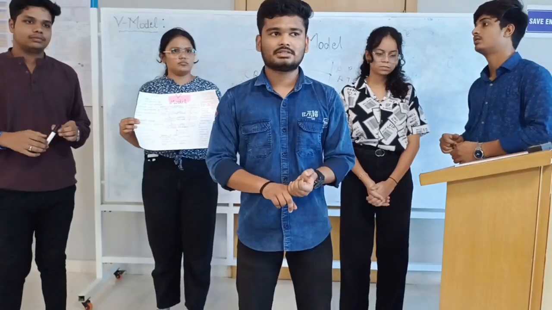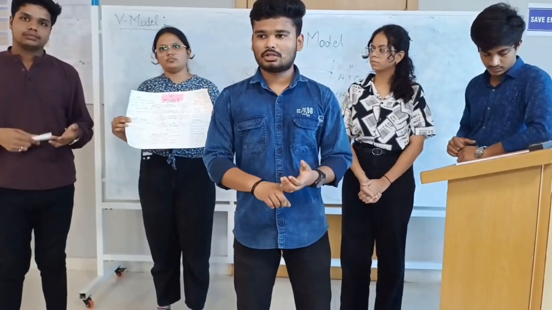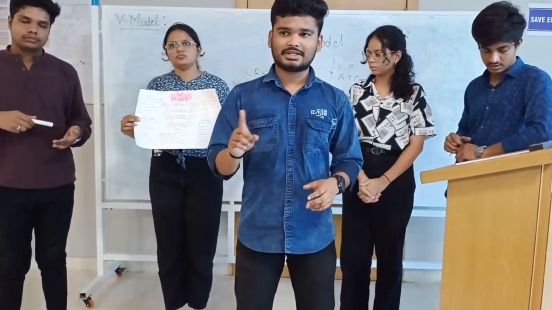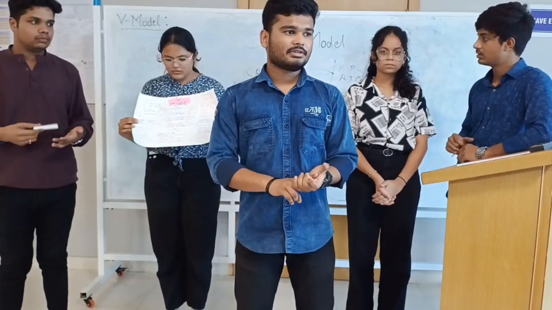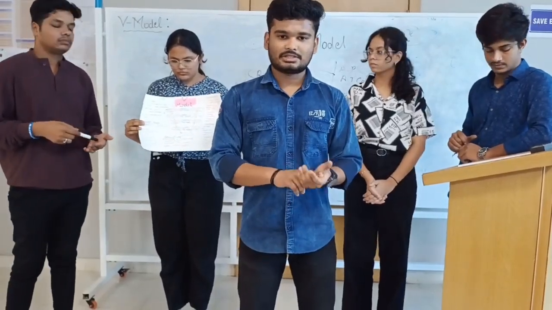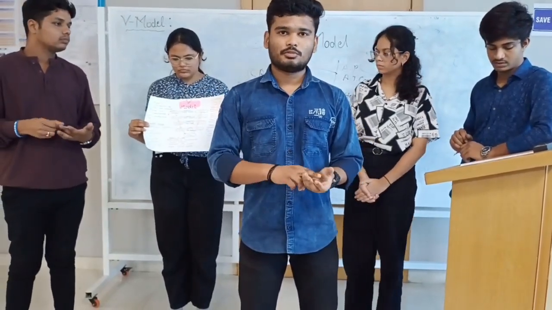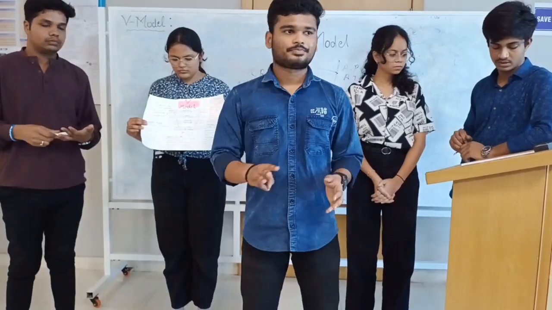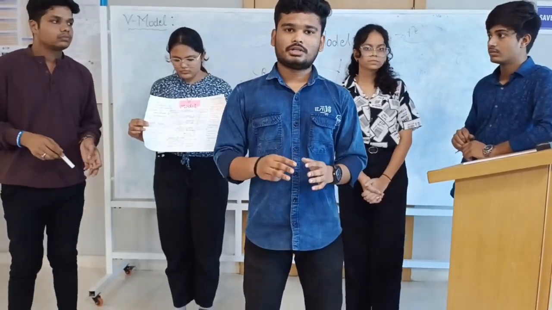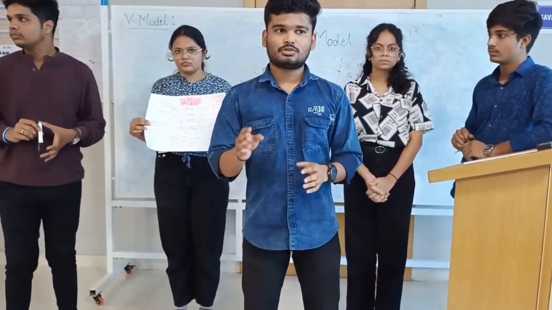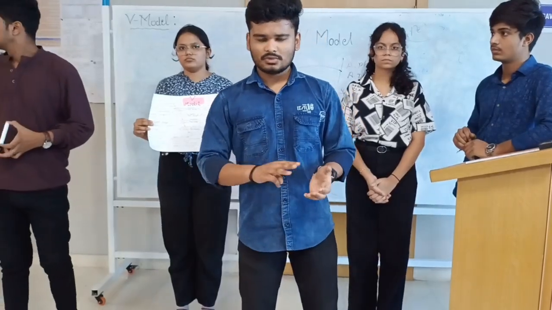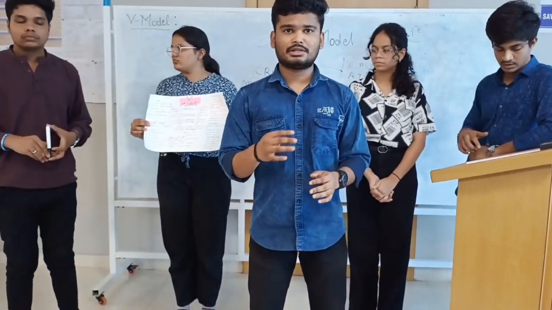The first advantage is that the V model is a highly disciplined model and the phases are completed one at a time. Second, the V model is used for small projects where project requirements are clear. Third, it enables project management to track progress accurately. Fourth, the V model is easy to use and understand.